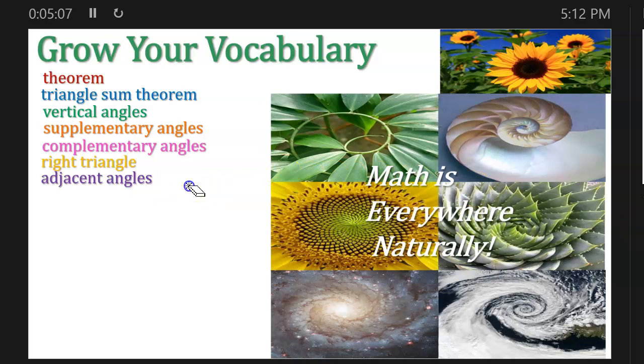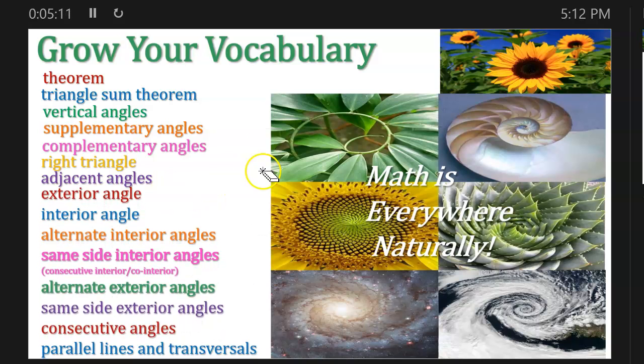All right, and so the next ones, I'm not going to go into these in too much detail on this video. I'm just going to briefly talk about these exterior and interior angles. Exterior angles stick outside of a triangle, and interior angles are the ones inside of the triangle.